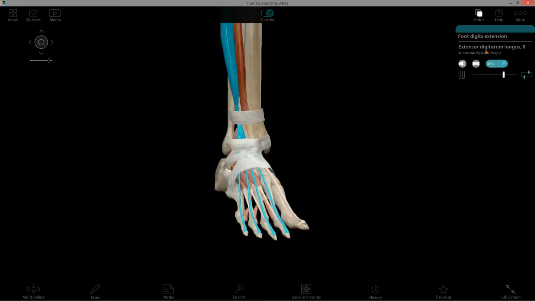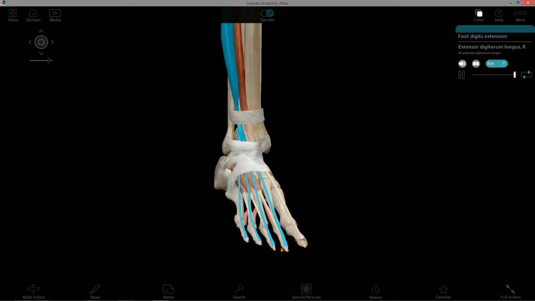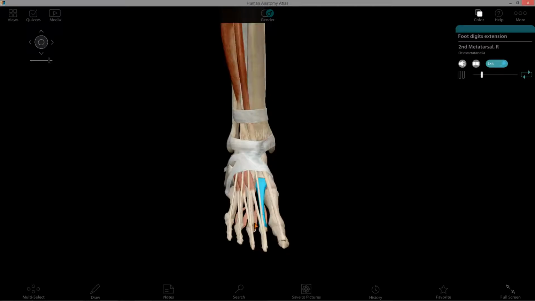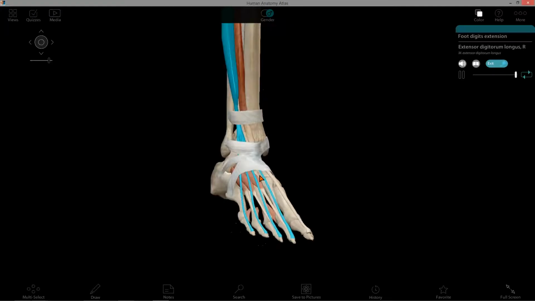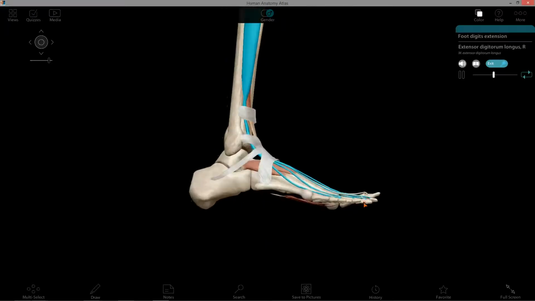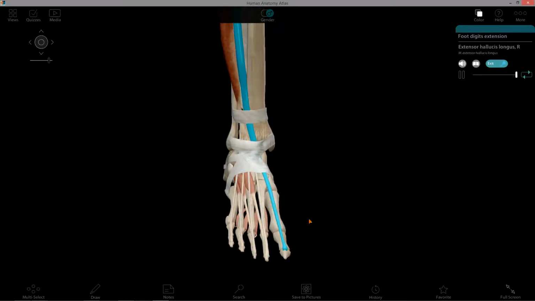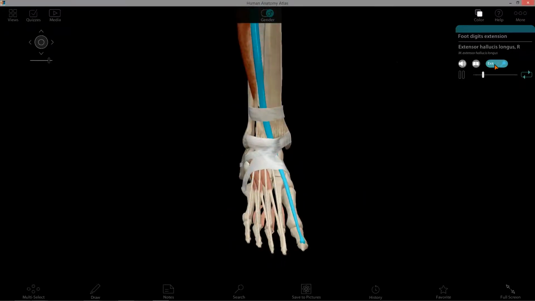And then of course, anytime you see digitorum, that'll be pertaining to the lateral 4 digits, these guys. 1, 2, 3, 4. And so here we have the extensor digitorum longus, which I will go over briefly, aiding in extension, kind of that upward motion of the toes. And then, as I said previously, the extensor hallucis longus.